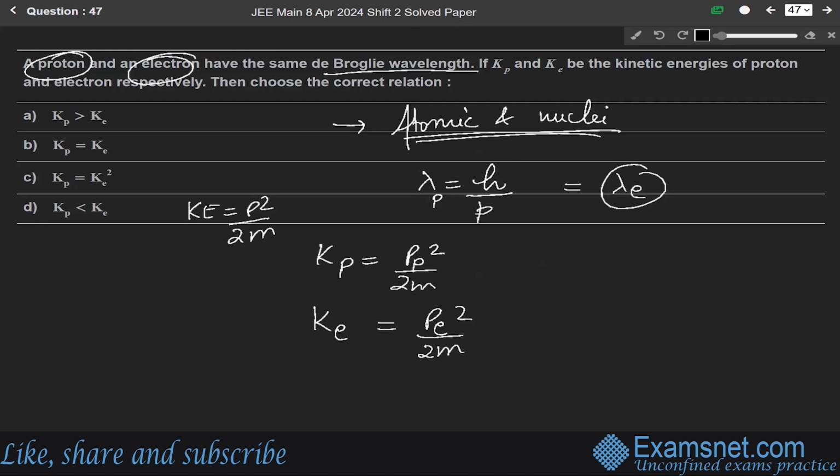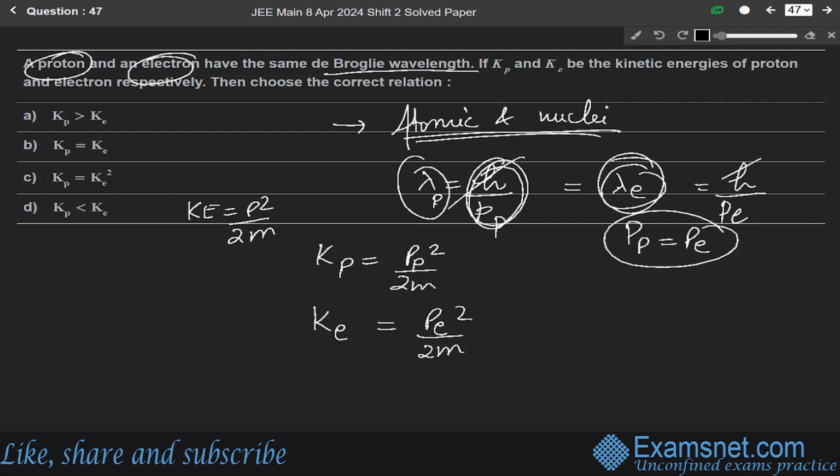If lambda p is equal to lambda e, then h over Pp will be equal to h over Pe. So from here, h cancels out, so Pp will be equal to Pe as given in the question. So since Pp is equal to Pe, it means that kinetic energy of proton, Kp, will be less than kinetic energy of electron.